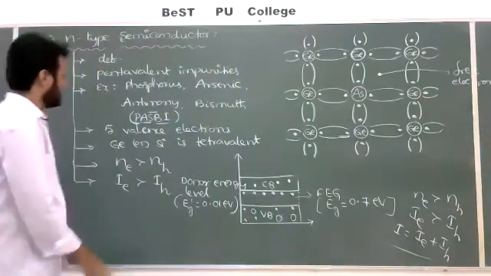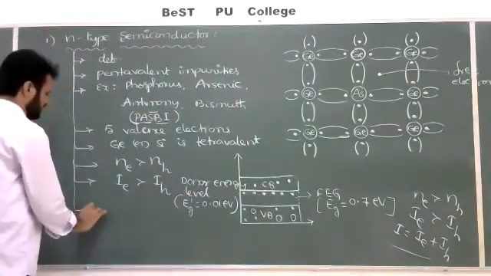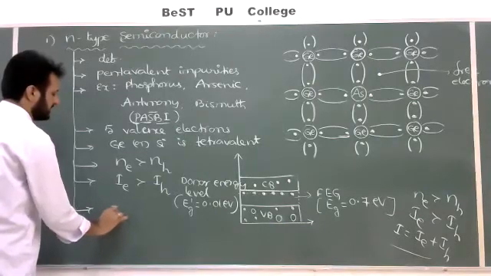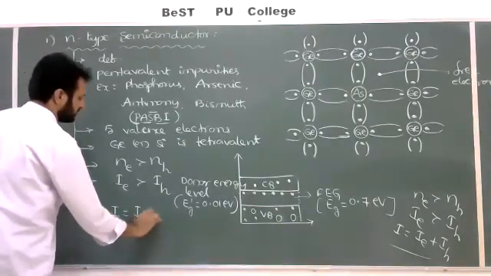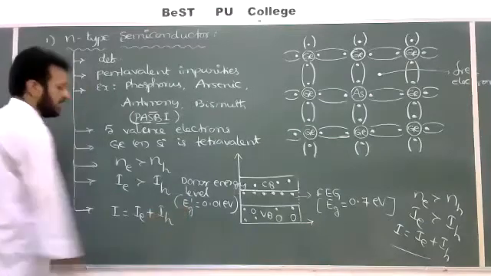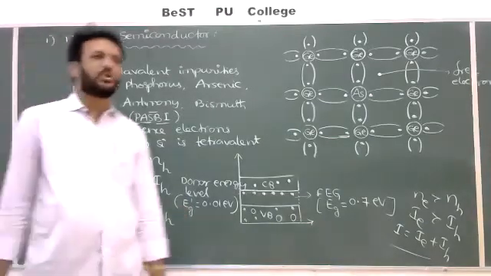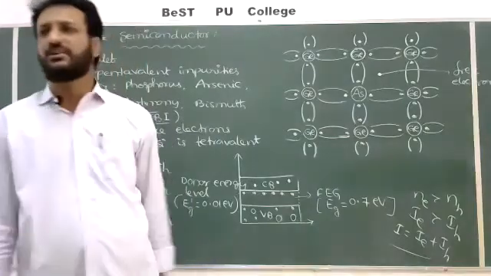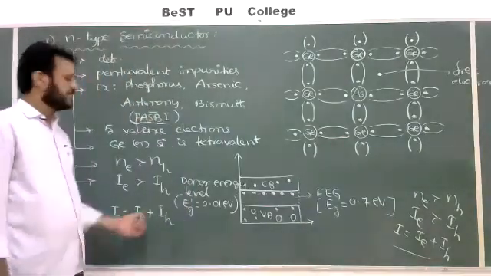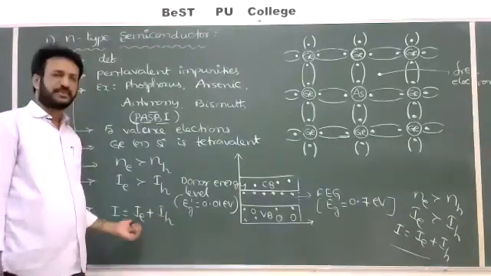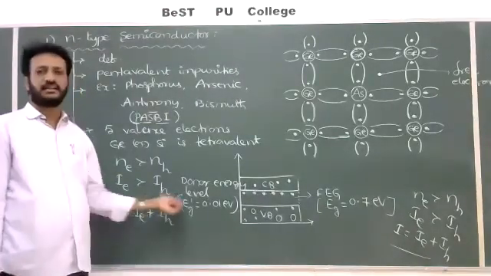But total current I is equal to IE plus IH. Total current I is equal to IE plus IH. But majority IE, and minority IH should be taken.